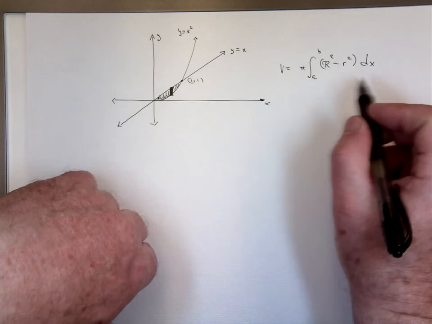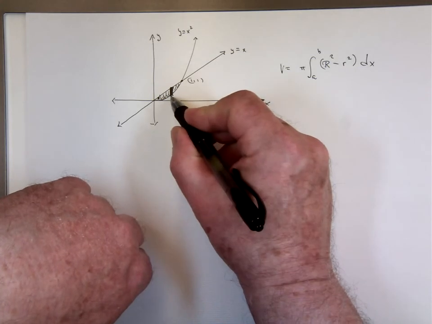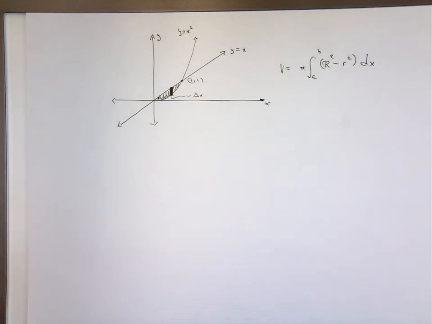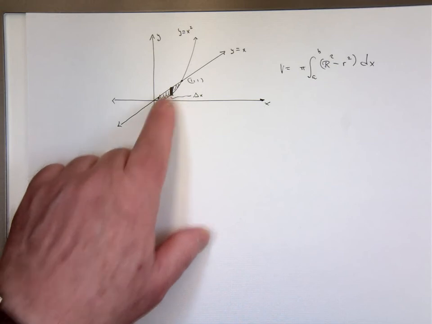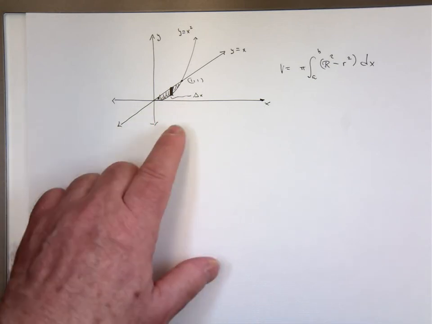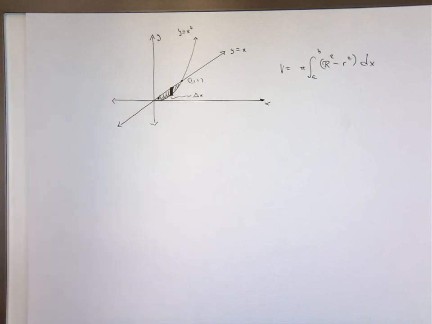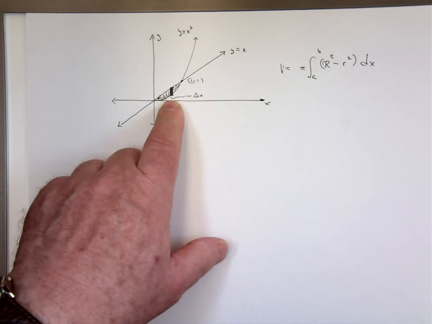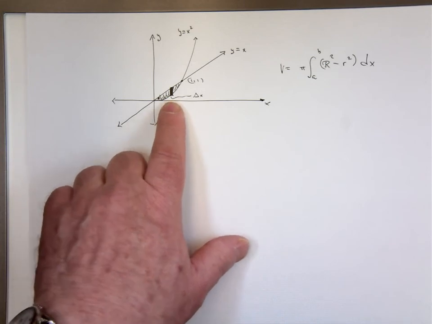What we're going to do soon is flip this rectangle around and have delta y, and everything will have to be in terms of y. But right now, everything is in terms of x. When we take this rectangle around the x-axis, it will generate this washer. This is the formula we're going to use.